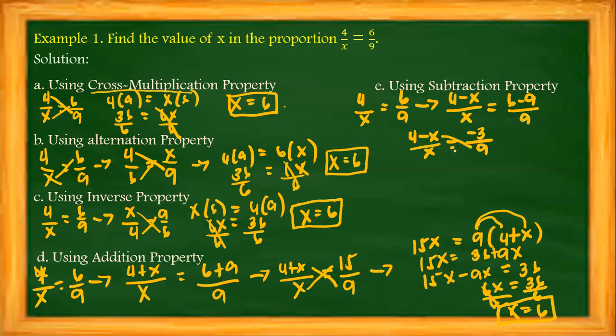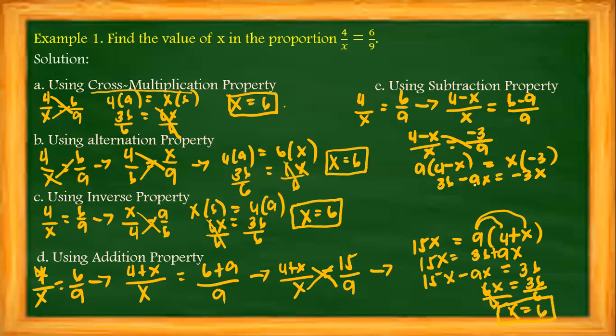Next, multiply 9 and 4 minus x equals x times negative 3. Next, 9 times 4 is 36. Then 9 times x is 9x equals x times negative 3 is negative 3x. Next, isolate the variable into one side of the equation.